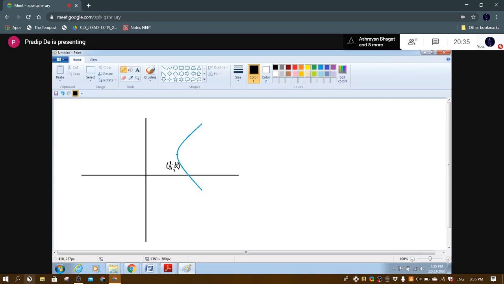Excuse me. And the focus is here. Here is the focus. And the directrix. This is the directrix.